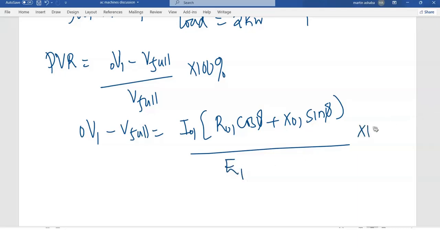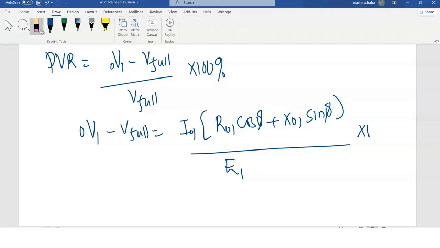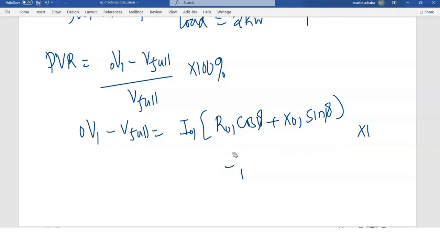So what are we going to do? We are going to look for these components.